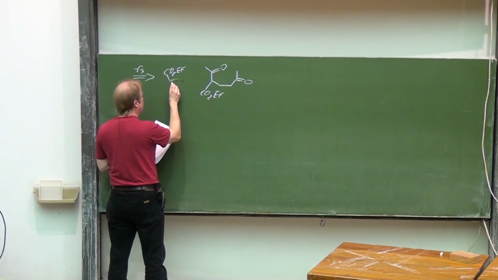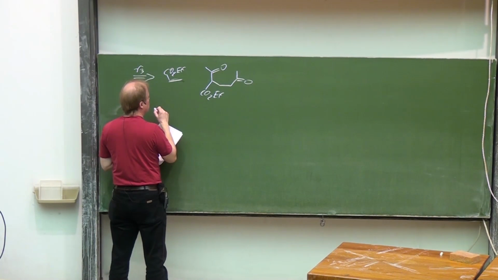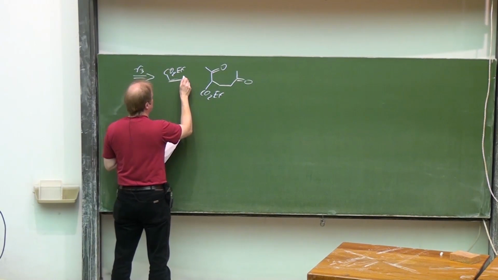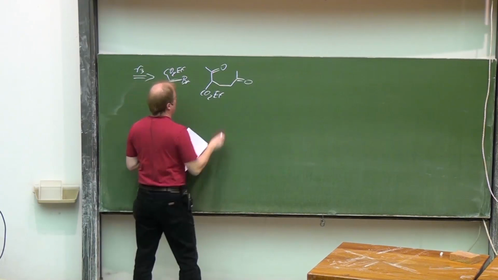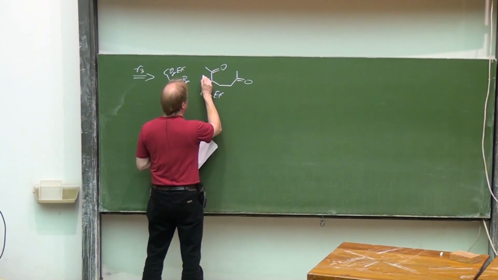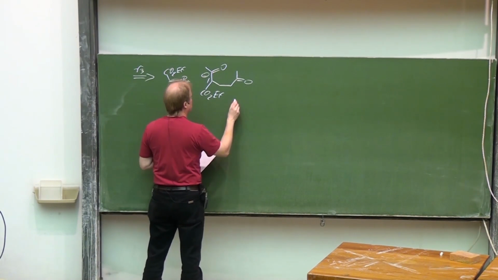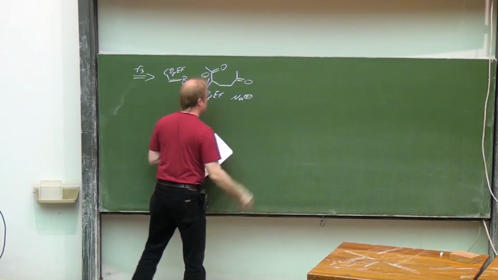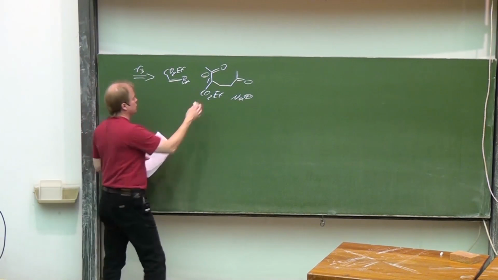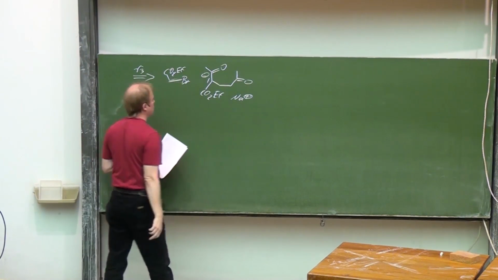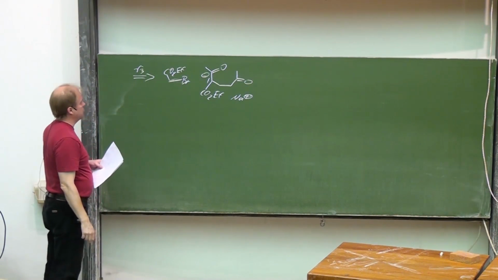Let's translate that into synthetic equivalence. Here the leaving group, the bromide, and there let's put on the anion with a sodium counter cation, which is of course coordinated to the oxygen of the enolate.